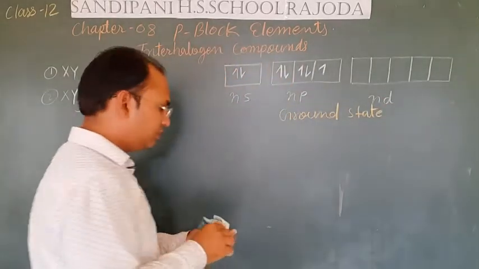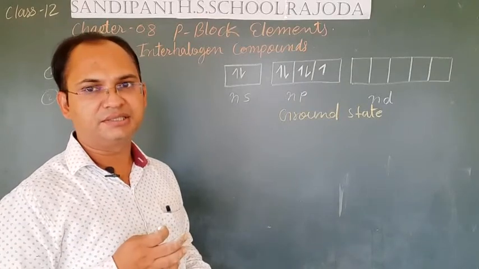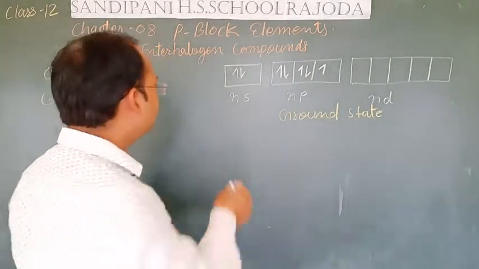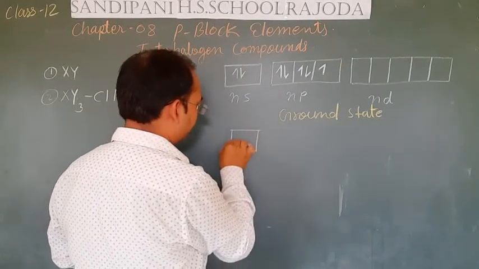Now we will see their structure or electronic arrangement in its excited state. Whenever the electron gets excited, what happens?